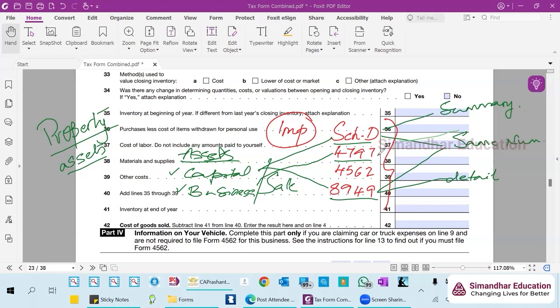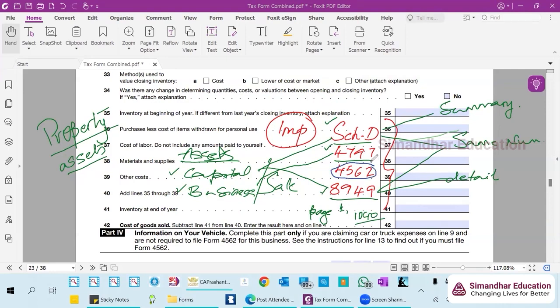Now, if it's a business asset and the asset is sold, we use 4797 to report our gain or loss. And any gain or loss on these schedules, where would it go? It would go onto page 1 of my 1040. Now, there is one thing which I didn't even check the box, right?